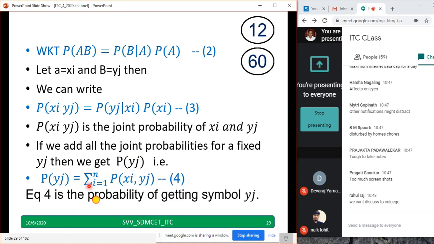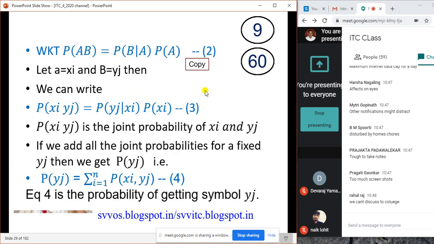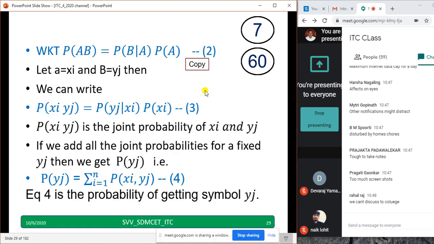So this much if I know, the next equation I can write. I'll wait for another 10 seconds. Just copy down equations number 3 and 4. Then we'll go to the next slide.